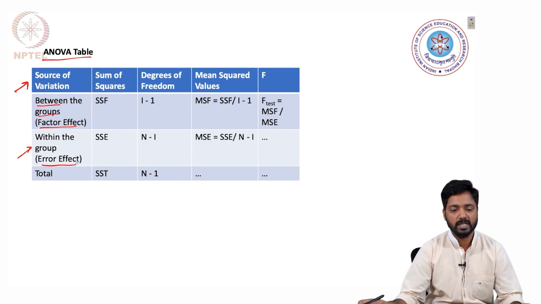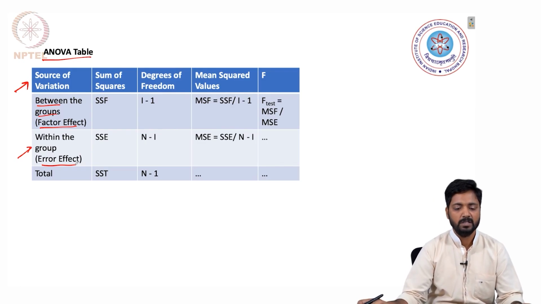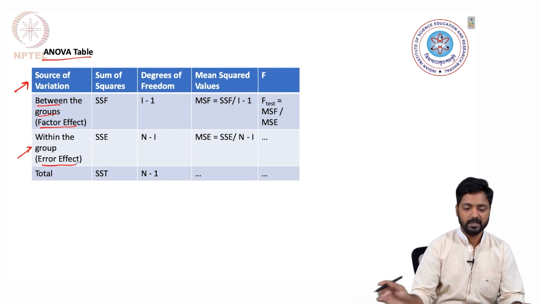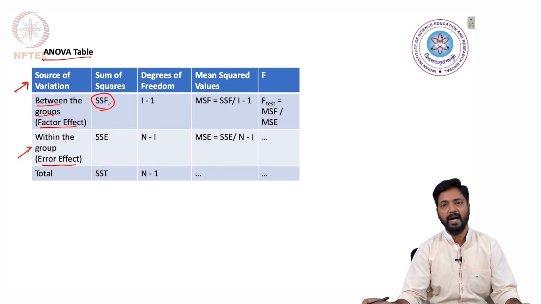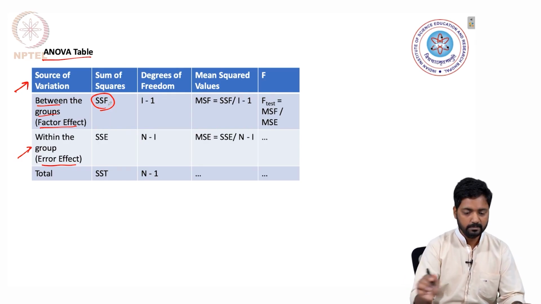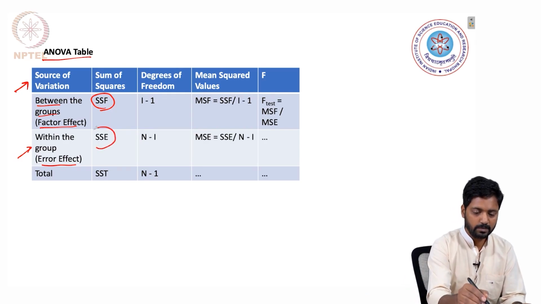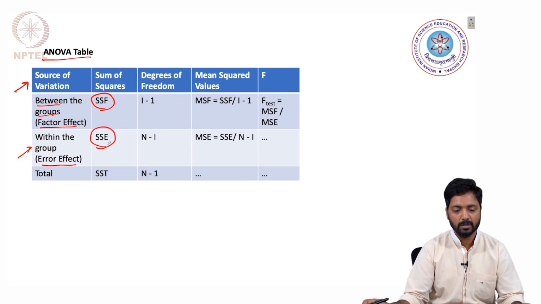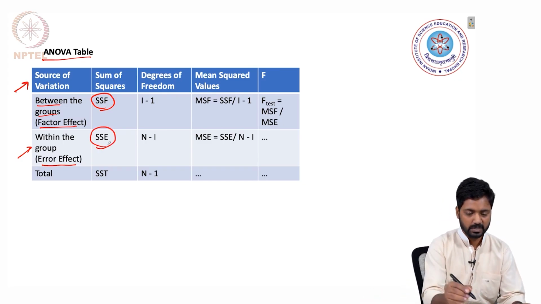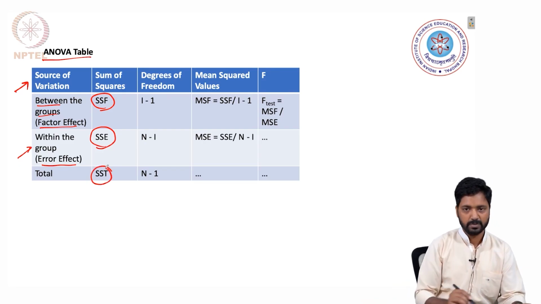And then in the next column, we tabulate the sum of squares. So, for the factor effect, this would be the sum of squares due to factors, and for the error effect, this will be the sum of squares due to errors.